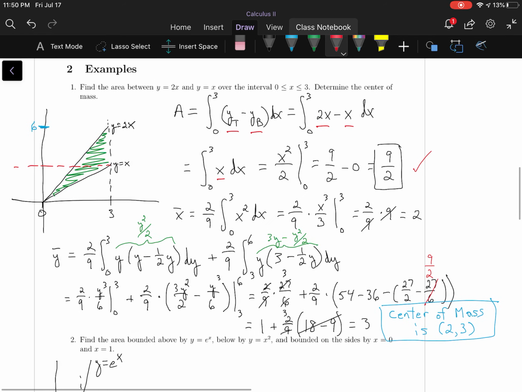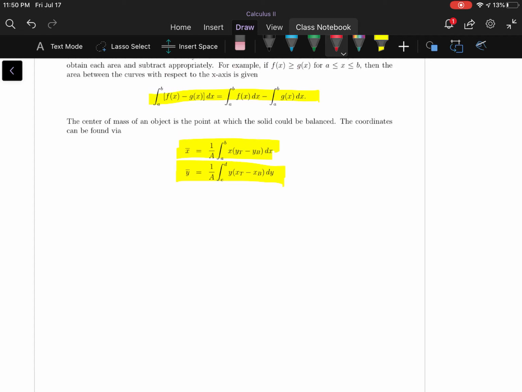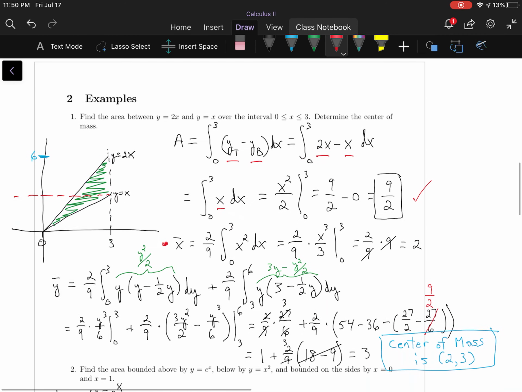So let's find the x-coordinate first, which is done right here. According to the formula, the x-coordinate is given by 1 over A. We just got A to be 9/2, so the reciprocal is 2/9, times the integral of x times the difference between the top minus bottom functions.